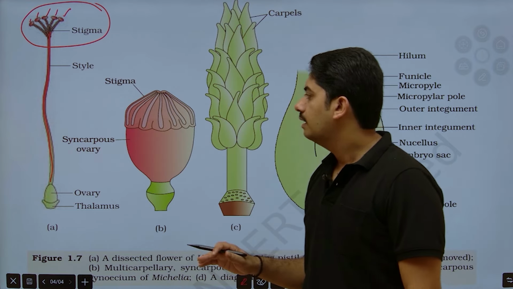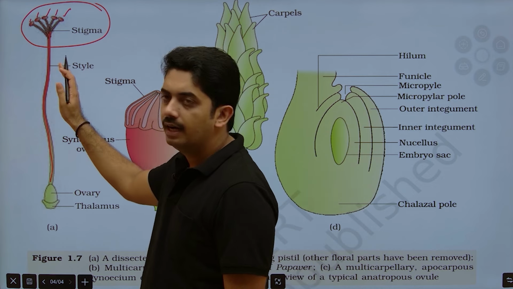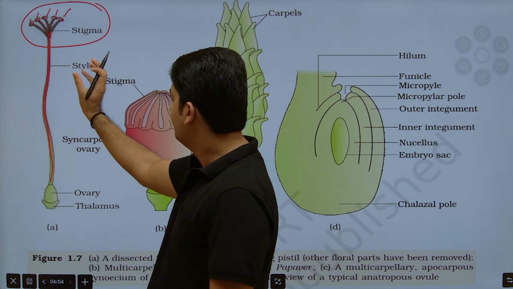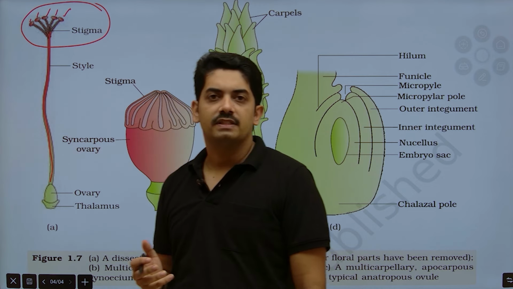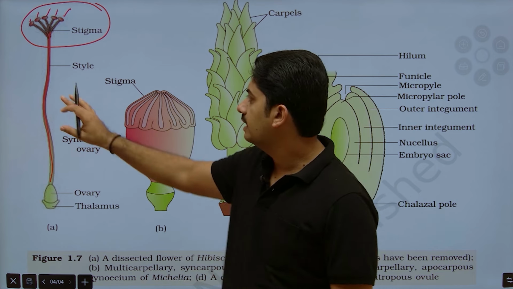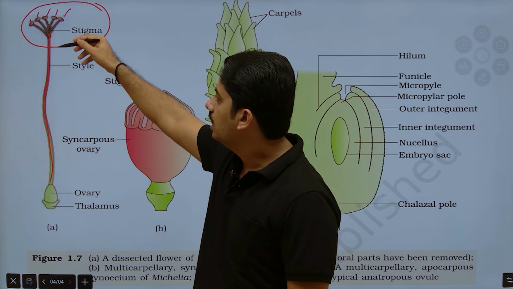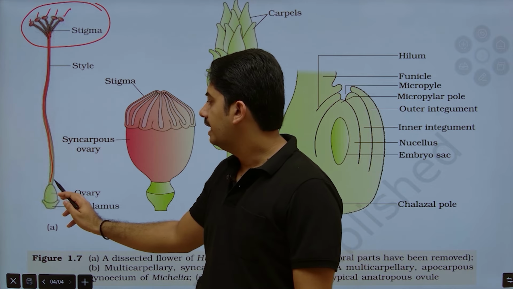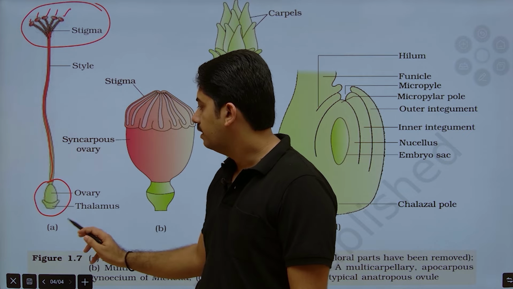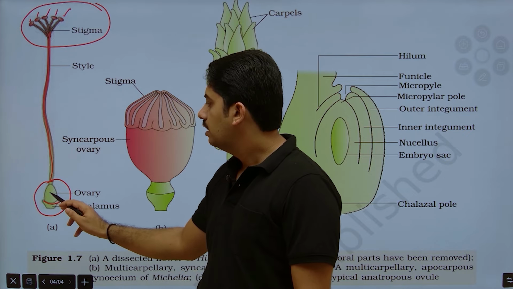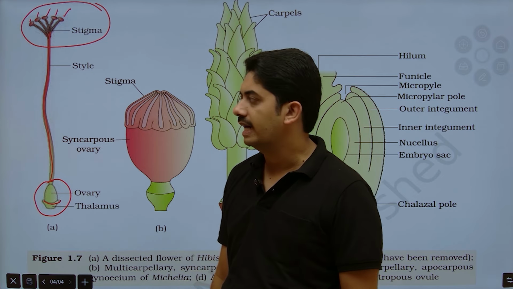Actually, this style part is covered by a monoadelphous condition in the real flower, but here they separated it. So this is the long style and here comes the ovary. This is the thalamus on which the ovary is located.